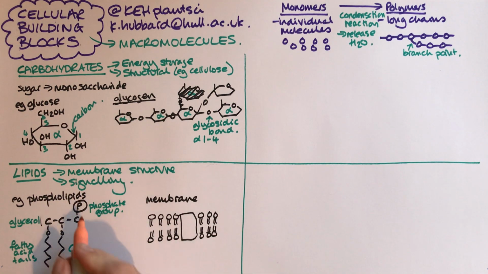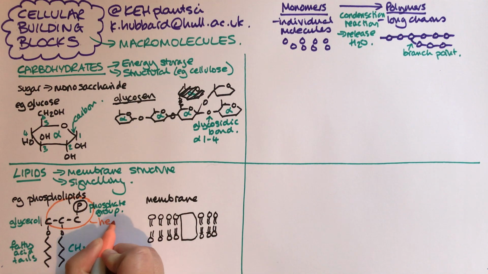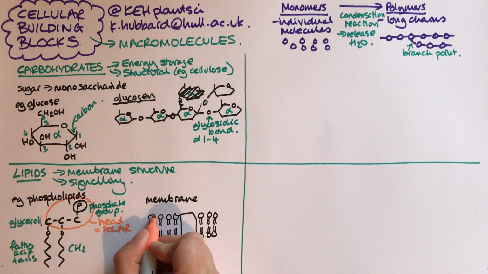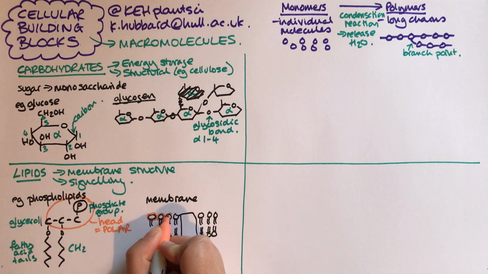And the way that these diagrams work is this bit is the head group, which is a polar part of the molecule. So that is hydrophilic. It will like interacting with water. So the polar head groups are these groups here. Okay, so that means the glycerol and the phosphate.